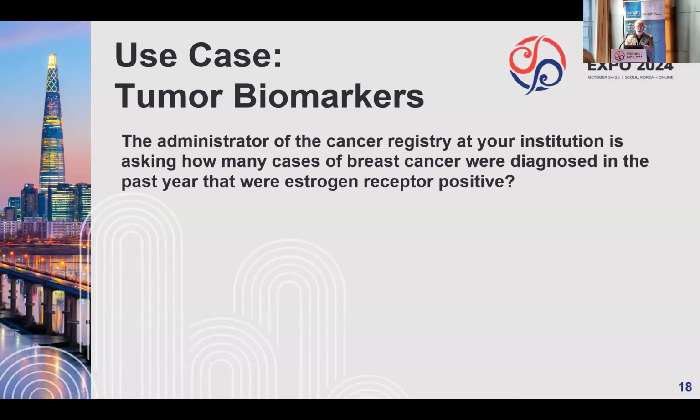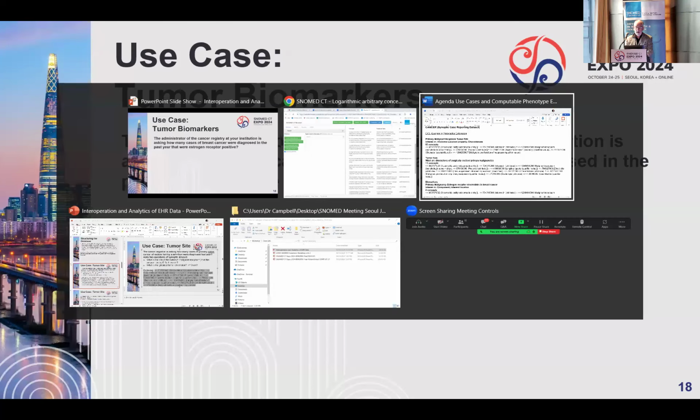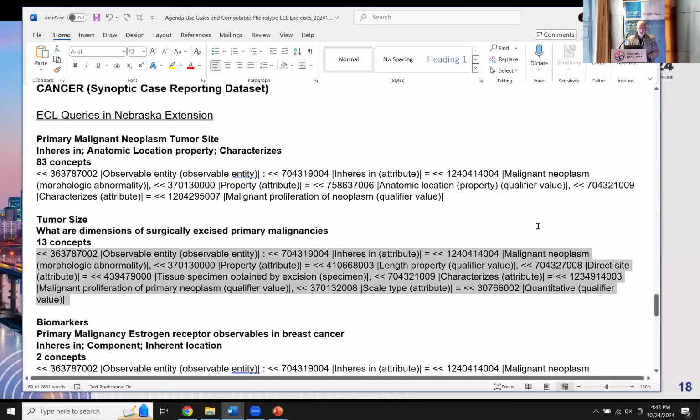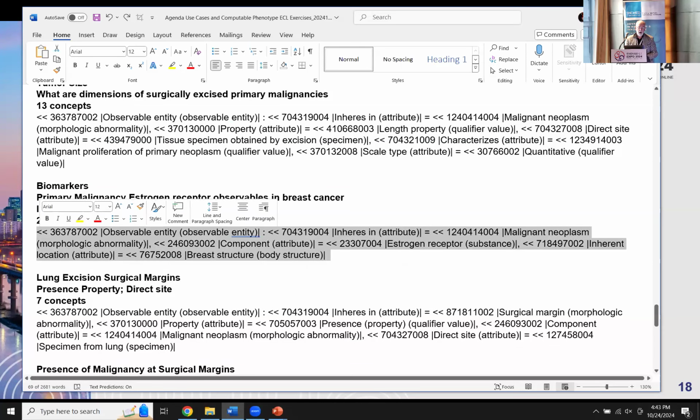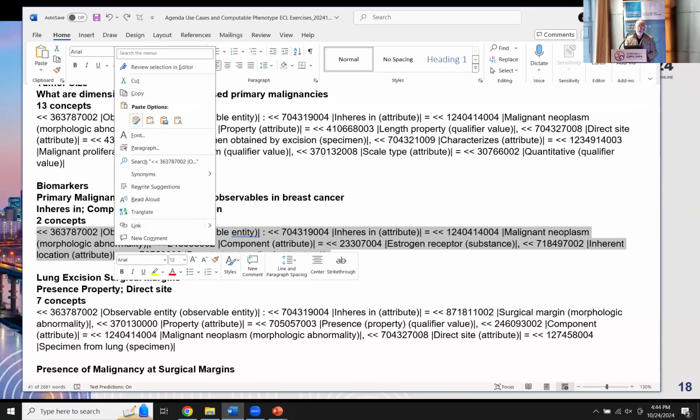In terms of answering this particular question, I'd like to take a quick look at that ECL, because it'll bring up an old friend of yours, Stan, the component.